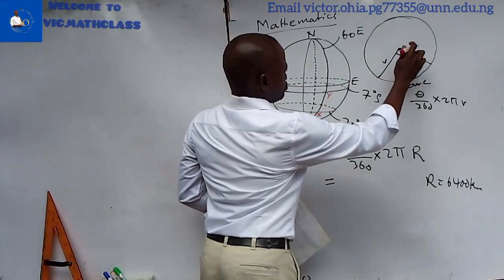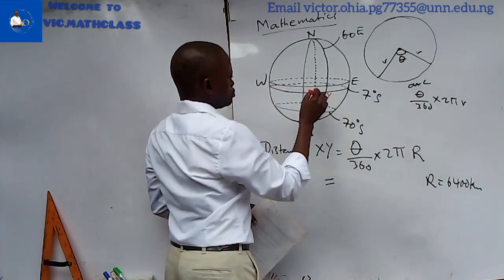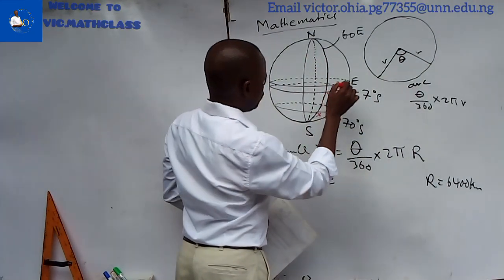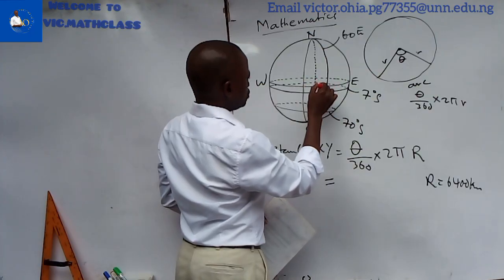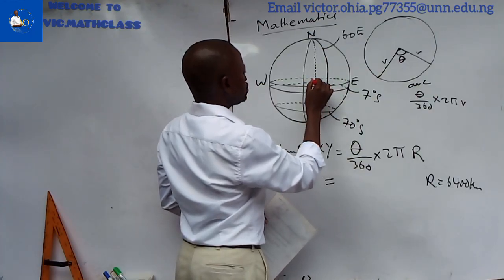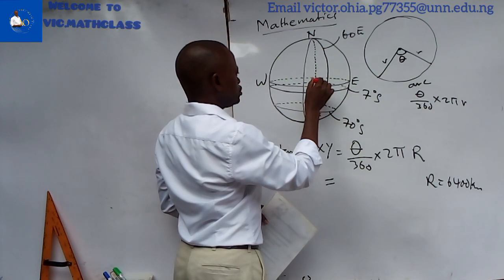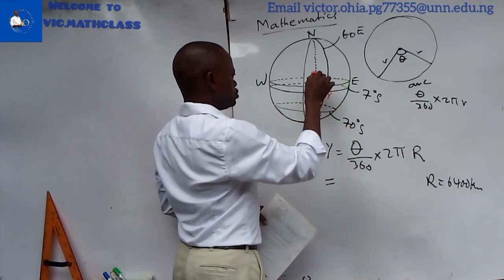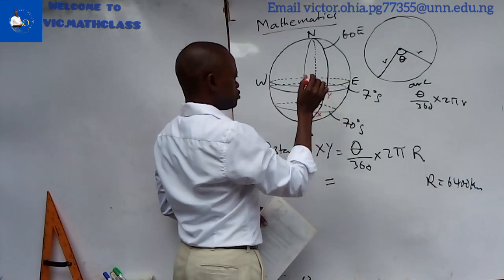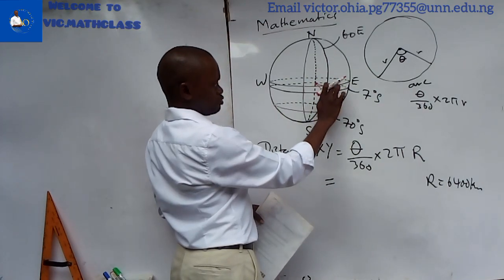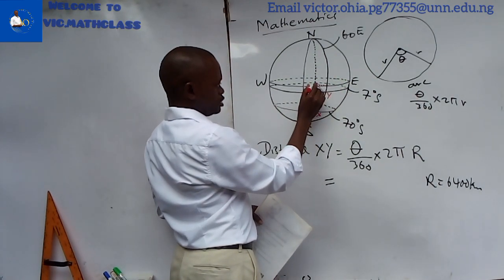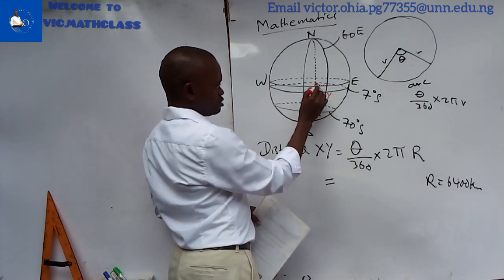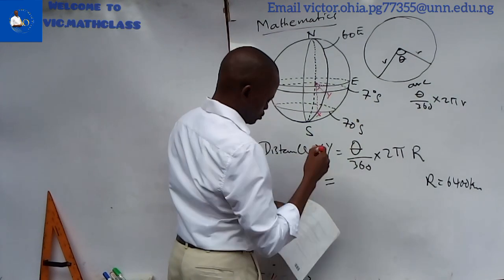Assuming this is our equator and this is the center, you see something like this connecting the line of the equator. There is an angle here, and then this one comes down this way. And what we need is this.